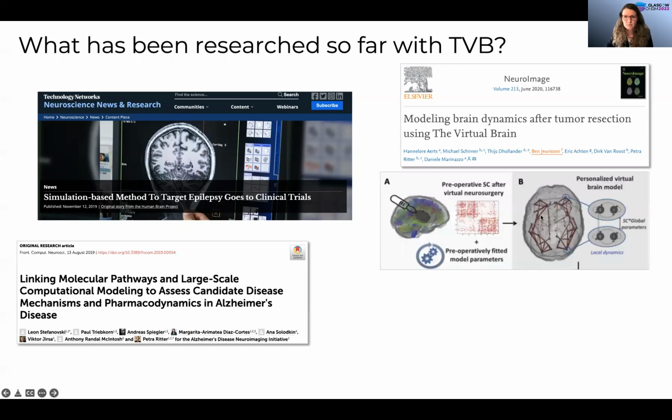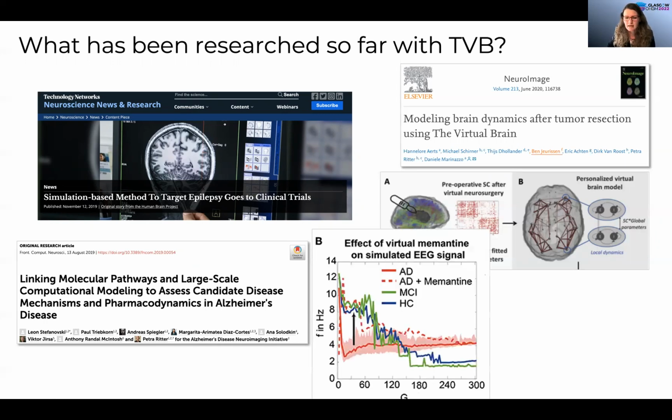And also a study where they were already trying out virtual therapies, like in this case, the drug memantine in Alzheimer's patients, to come up with the empirical response of this pharmacologic intervention and try to basically give a therapy to a virtual patient first, see the effect, and then this could be used again as an advisory tool for neurologists or neurosurgeons. So lots of cool things have been happening with the virtual brain already.